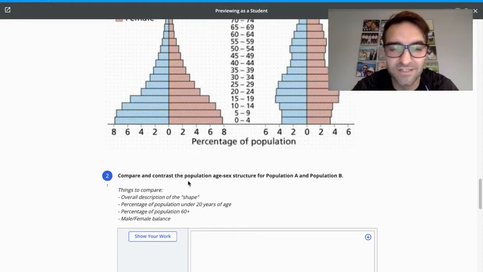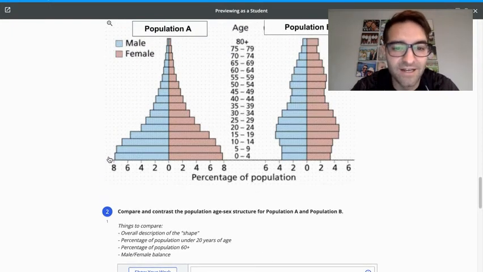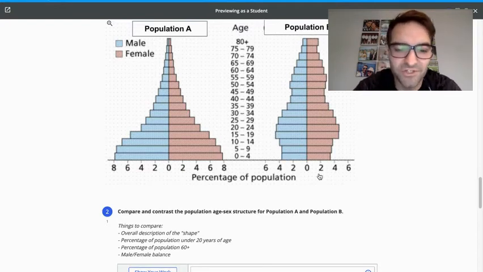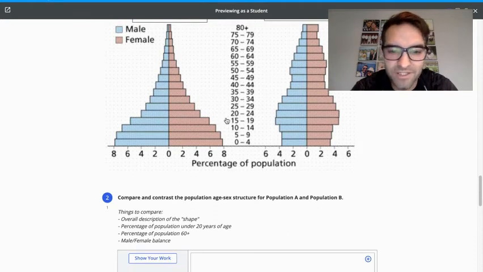So compare and contrast. Well, population A makes more of a pyramid. Population B makes more of an hourglass. So you're just describing the shape. Percentage of population under 20. That's about here.